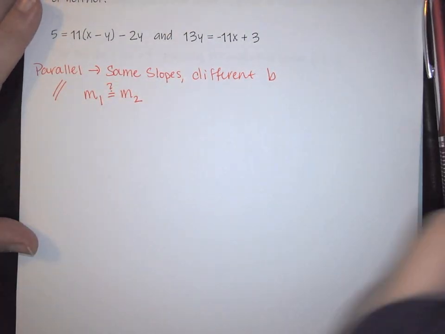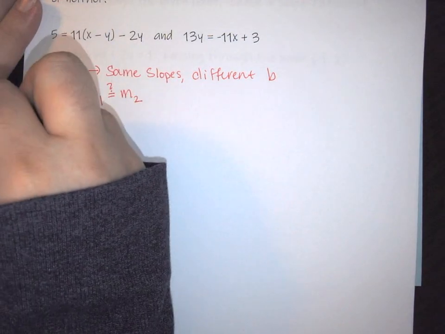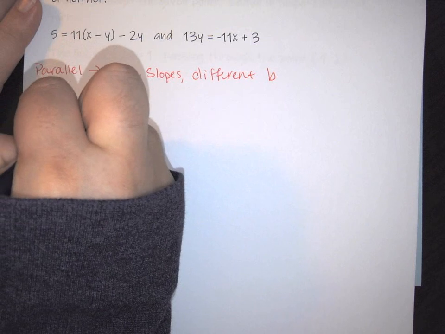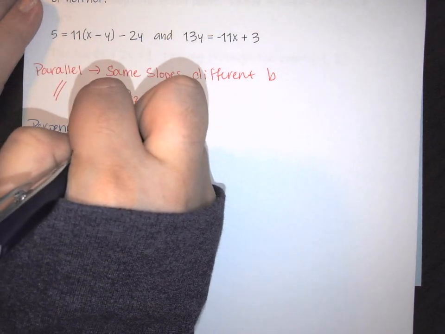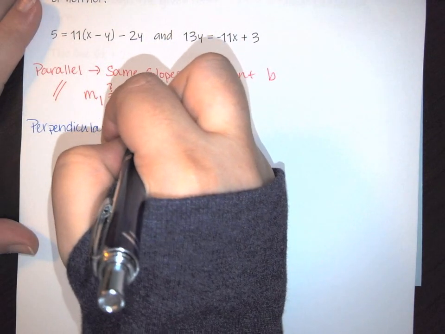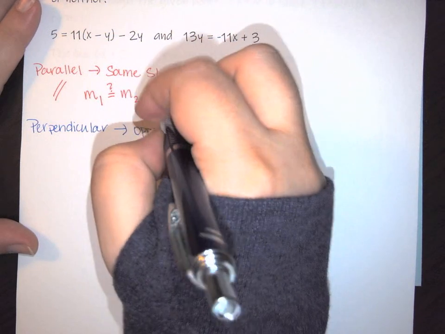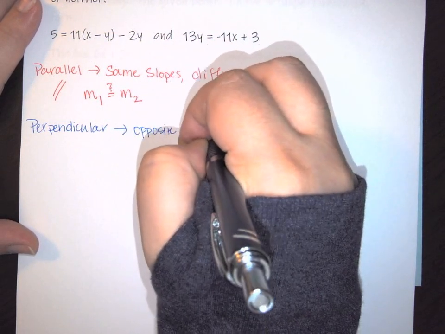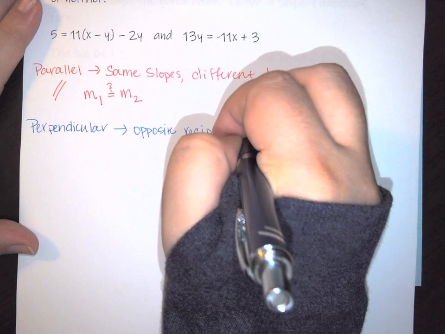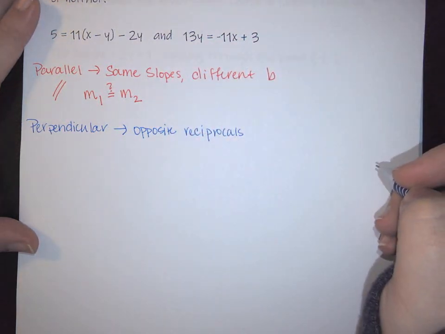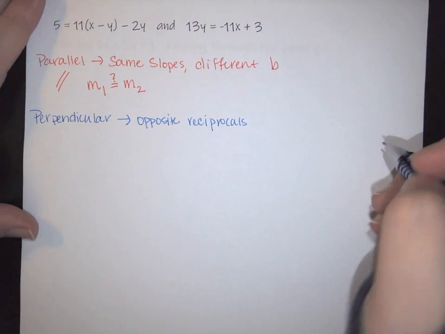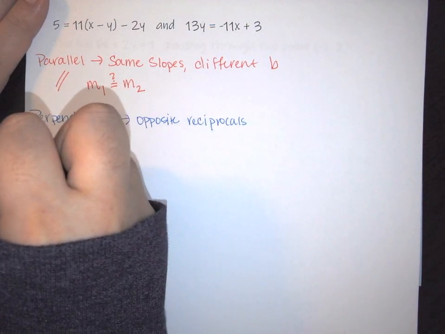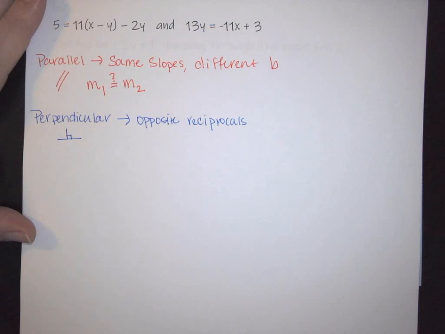Perpendicular is a little bit different. So when we're talking about perpendicular, its definition says that we have opposite reciprocals. So again, perpendicular also has a symbol. It looks just like a, say, perpendicular line.